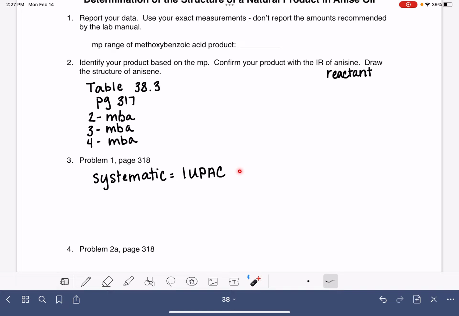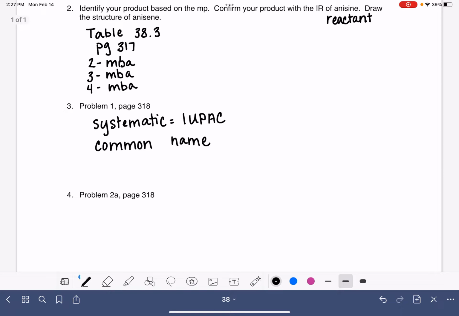If Wikipedia doesn't help you out, then the next thing that I would suggest would be using the NIST Chemistry WebBook, because that has a lot of info as well. Or just Googling anisine and seeing what you get. You're also going to be looking for its common name, and of course anisine is one of them, so you're looking for another common name, not anisine.